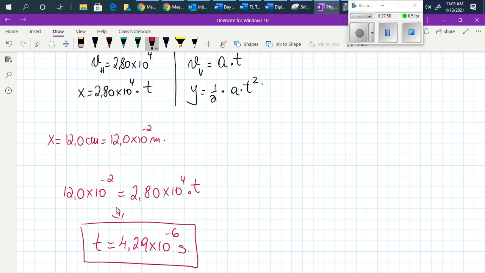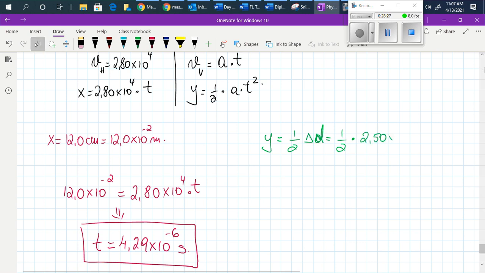And now we take this value, using the fact that it is entering at the midpoint, y will be half of delta D, or 1 over 2 times delta D, which was 2.50 times 10 to the power of negative 3 meters.